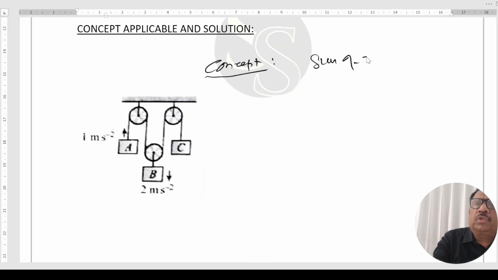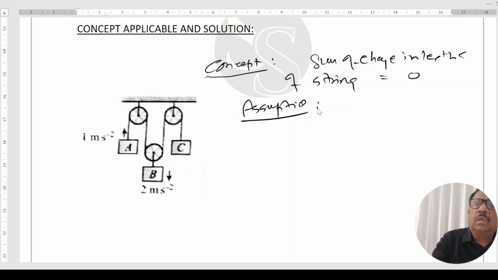Sum of change in length of string equal to 0. Assumption: the string should be inextensible.